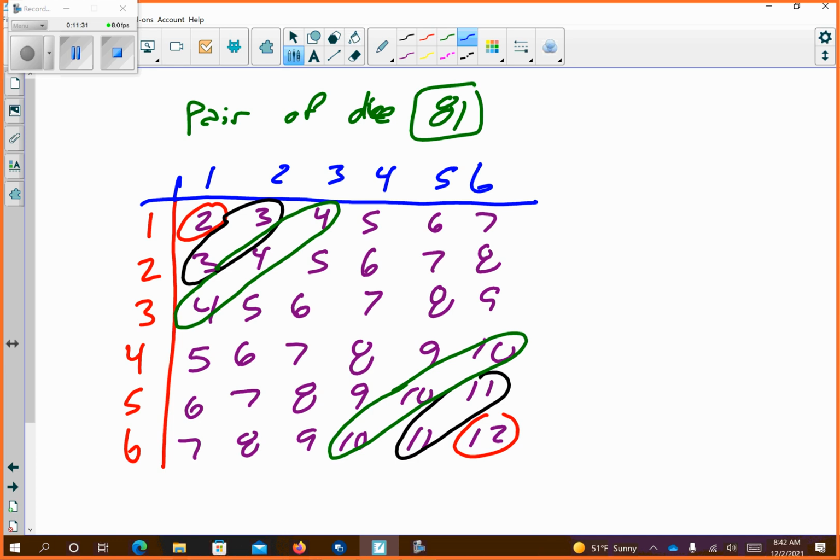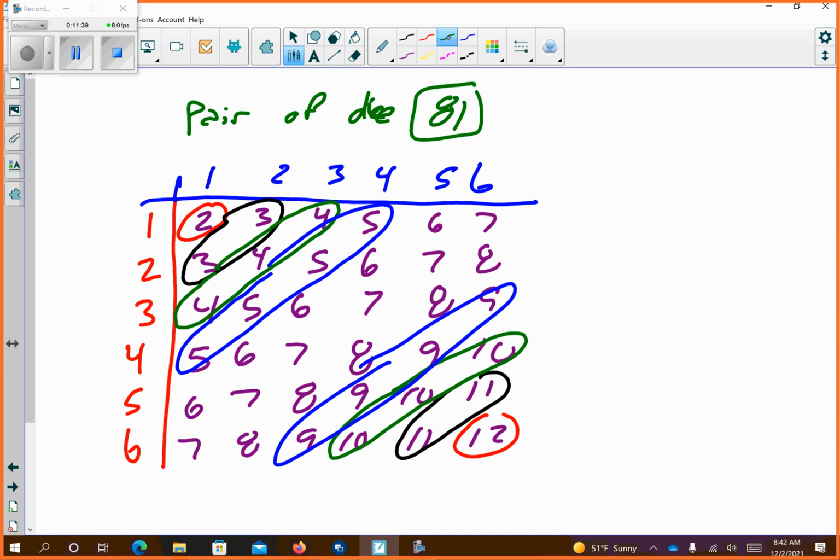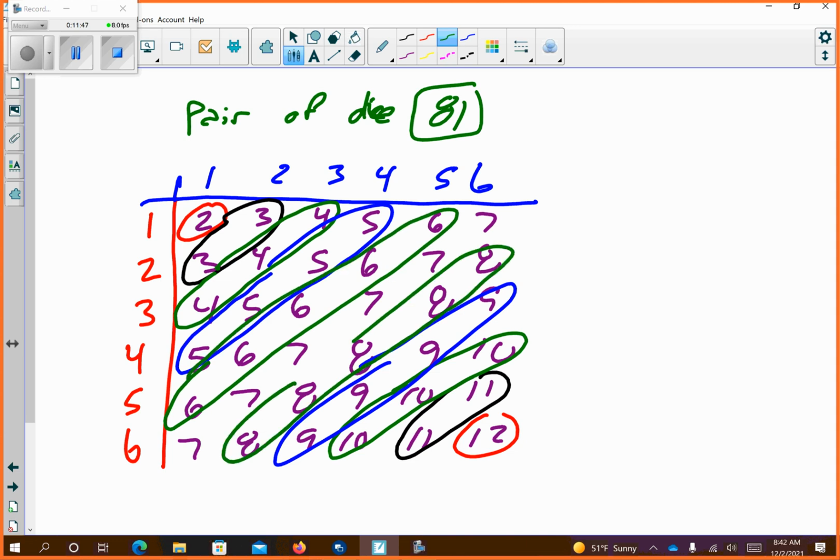And if you keep going, 4 ways to roll a 5. 4 ways to roll a 9. 5 ways to roll a 6. 5 ways to roll an 8. And then 6 ways to roll a 7.